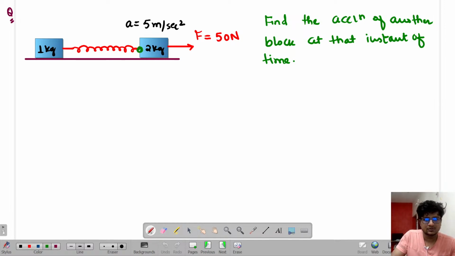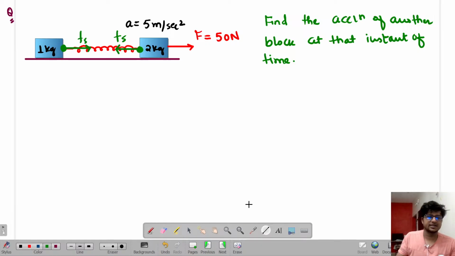Correct? One is this, another one is this. So spring force will be away from the point of contact and towards where? Towards the spring. Here also away from the point of contact and towards the spring it will be there. Is that clear? Like here, this is the direction of a spring force and this will be the direction of a spring force.